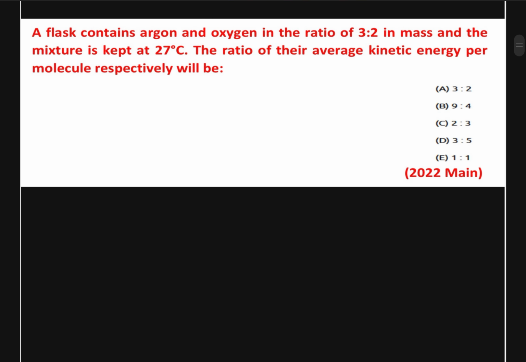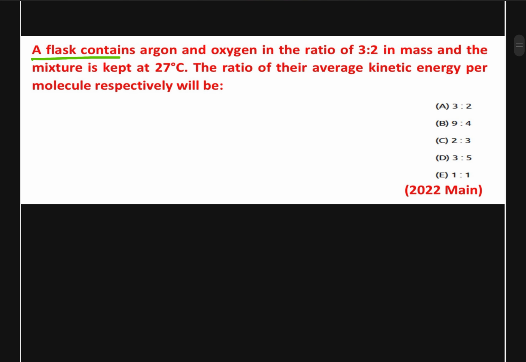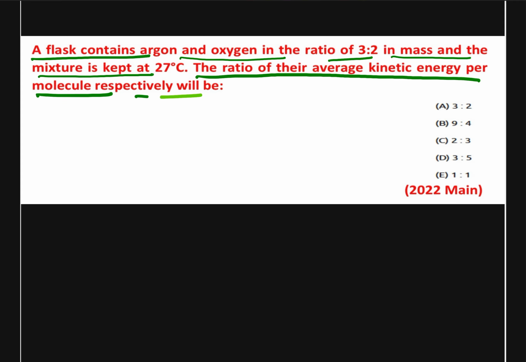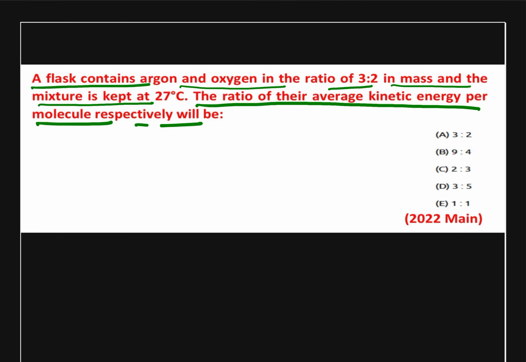Next question. A flask contains argon and oxygen in the ratio 3:2 in mass, and the mixture is kept at 27 degrees centigrade. The ratio of their average kinetic energy per molecule respectively will be. This is more or less dependent on the formula directly.